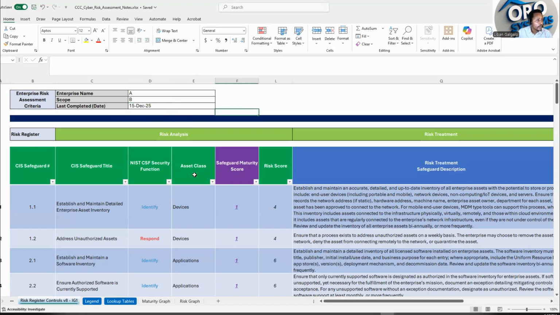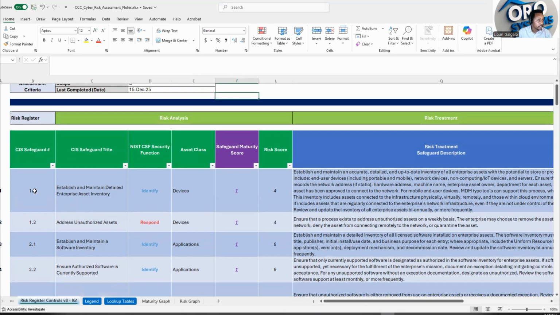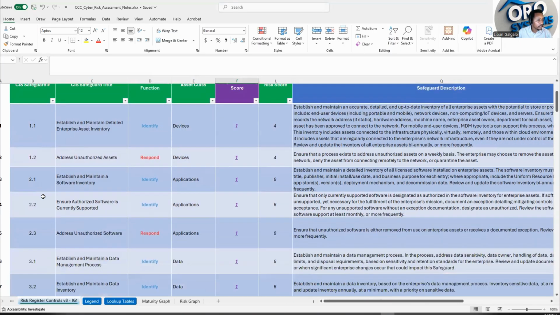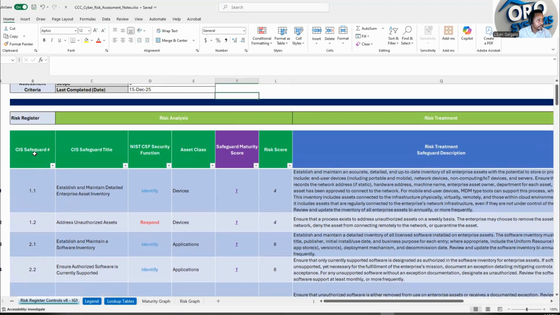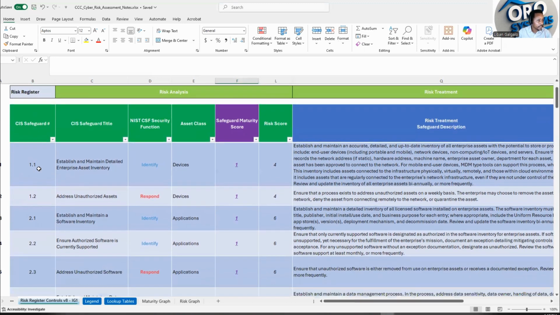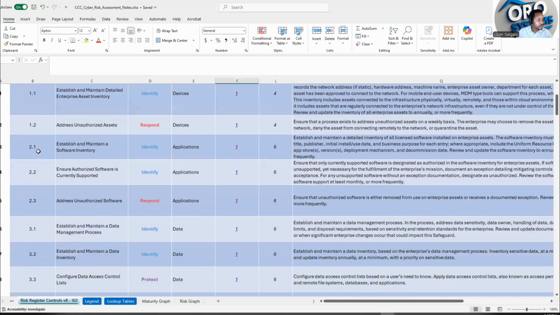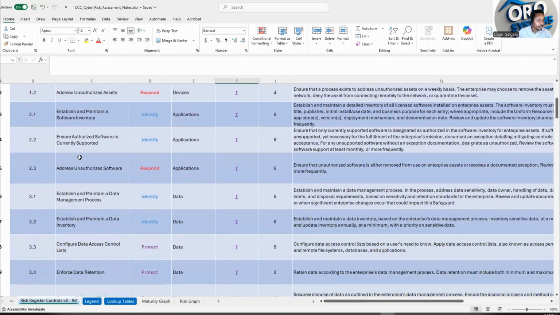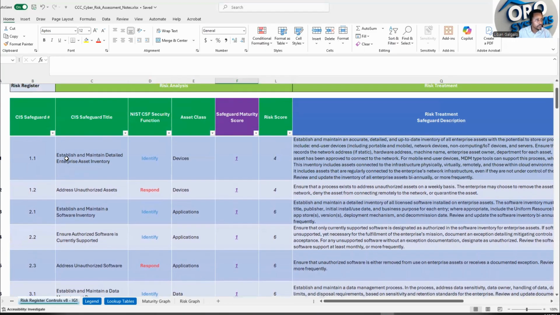First of all, we just use only IG1 controls, the safeguard controls that already apply to IG1. We already picked that, so this is just good to go.